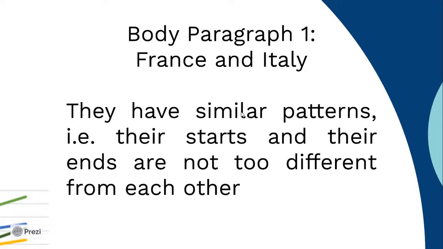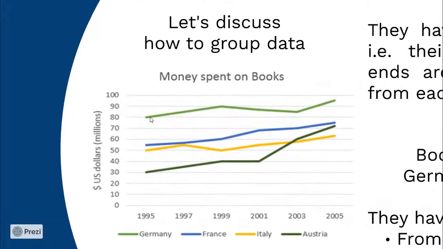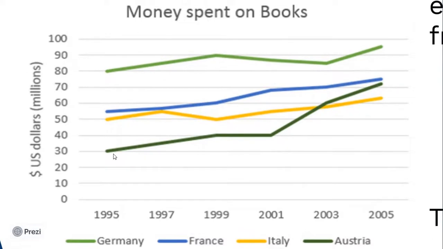Why? Because they have similar patterns, i.e., their starts and their ends are not too different from each other. And then how about Germany and Austria? They started very differently. For Germany, it's around 80, and for Austria, it's 30. So how do we group them? Well, they have at least one thing in common. From 1995 to 1999, they increased steadily by 10 million US dollars.